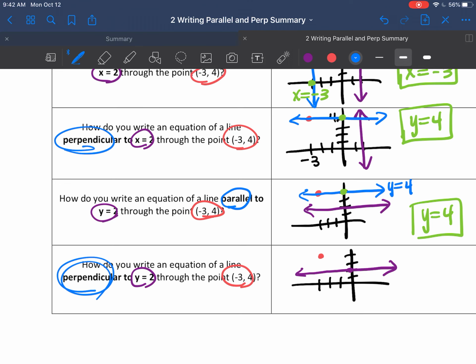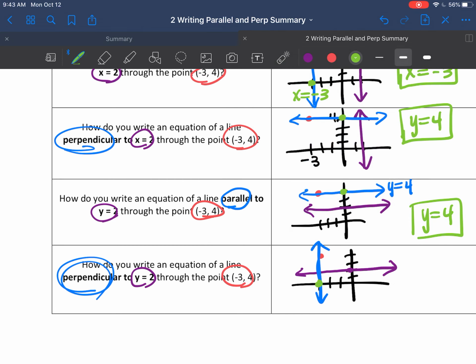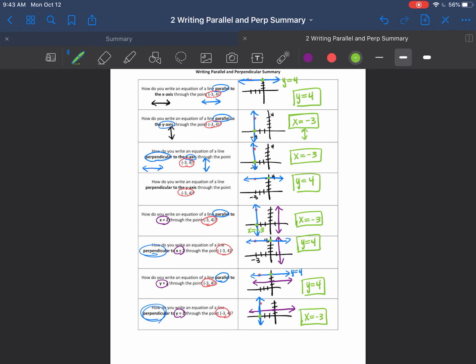And this time we want perpendicular. So this way, through that point. It crosses at x equals -3. So that is the equation of our vertical line.